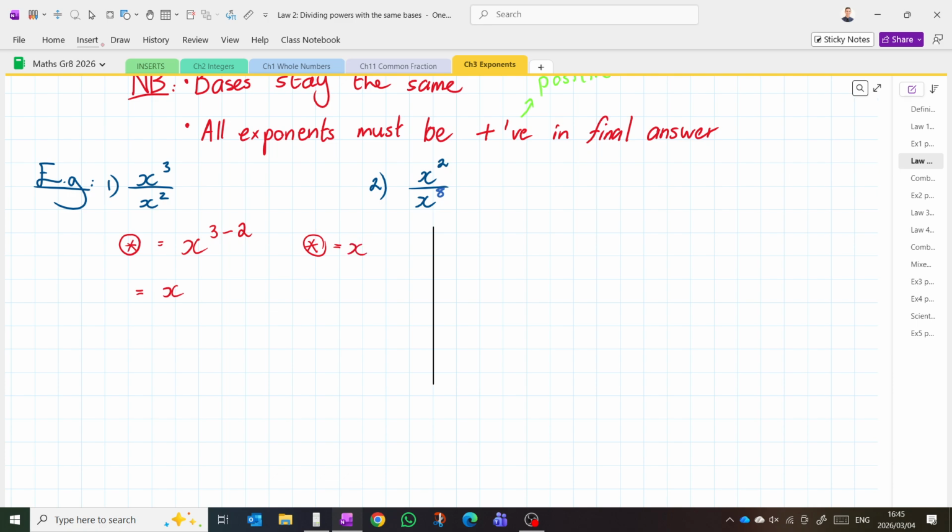So we'll have x, the numerator's exponent, minus the denominator's exponent. Now positive 2 minus 8 is going to give me a negative 6. Okay, but now we've got a problem. We've got a negative exponent, and we said that all our exponents must be positive in the final answer.